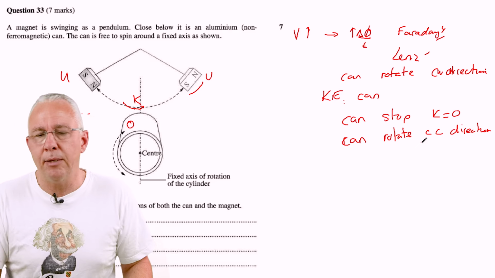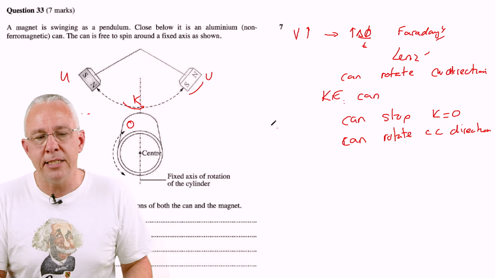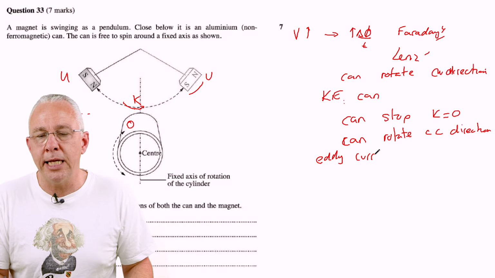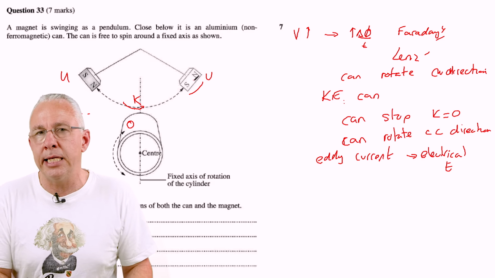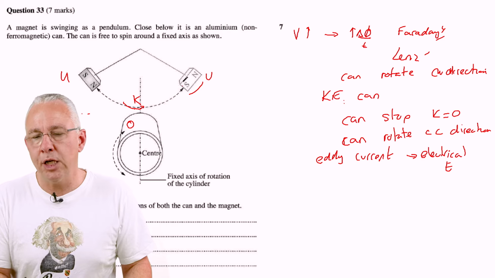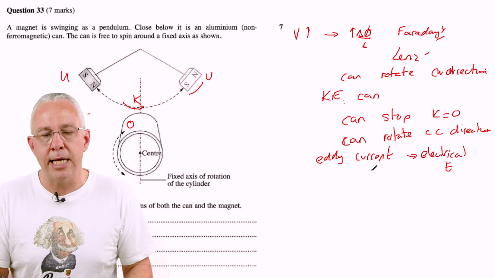But hold on, we're missing one bit of energy, and that is the energy of the eddy currents itself. In other words, we have these eddy currents producing electrical energy as a result of Faraday's and Lenz's law. So we have a generation of energy there. So the energy of the system must include the eddy currents as well.